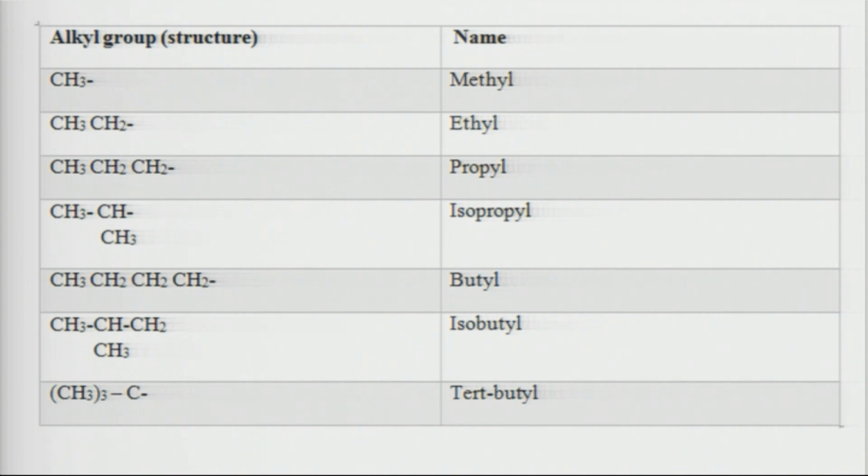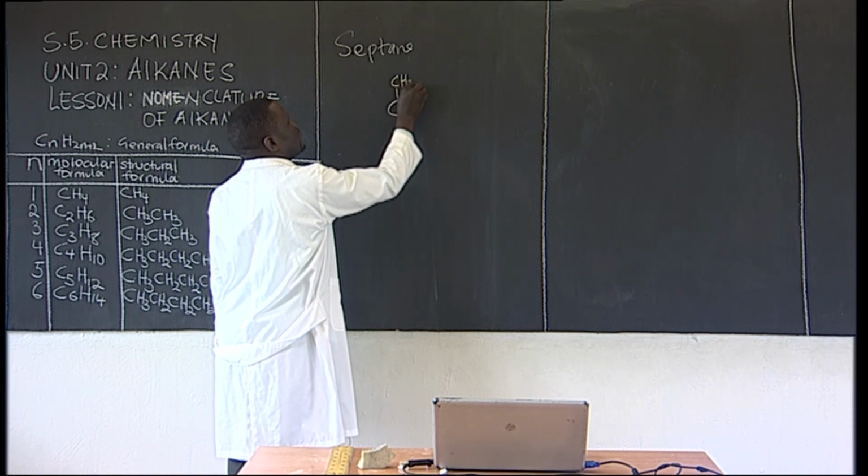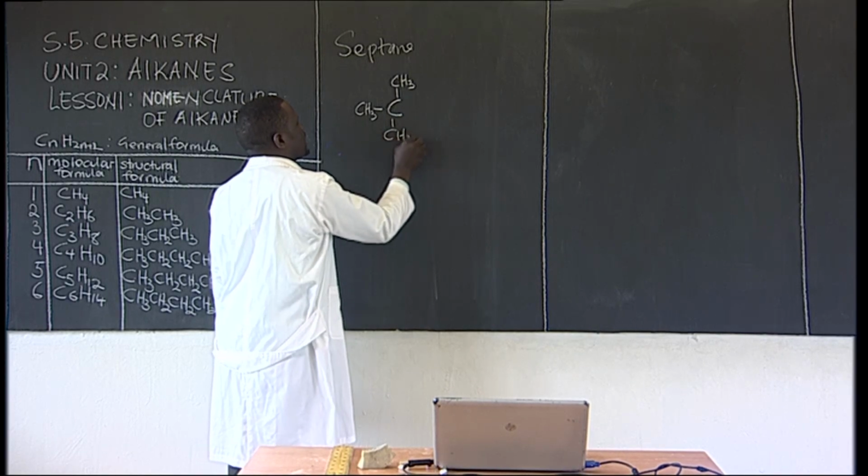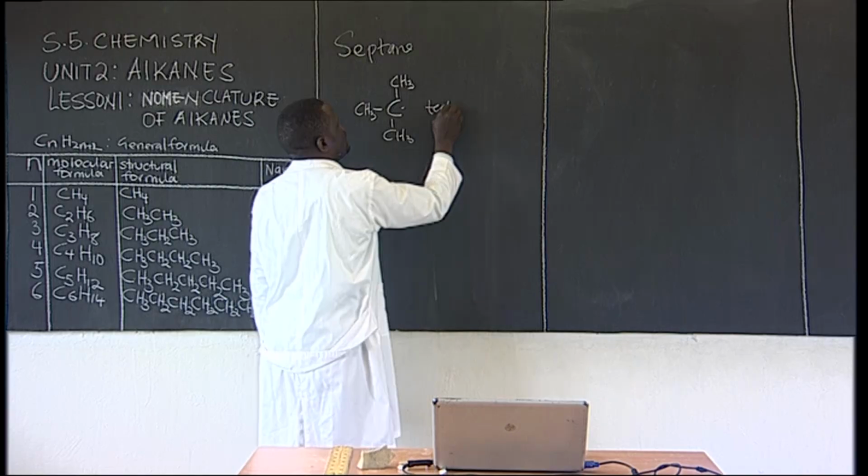We also have what we are calling isopropyl. Isopropyl is somehow branched. That's why we say it is secondary. Then we have butyl, lacking one hydrogen. Then isobutyl, secondary. Then we have tert-butyl. That tert-butyl, we can try to represent it on our blackboard, where you can see we have CH3, that is what we are calling tert-butyl.